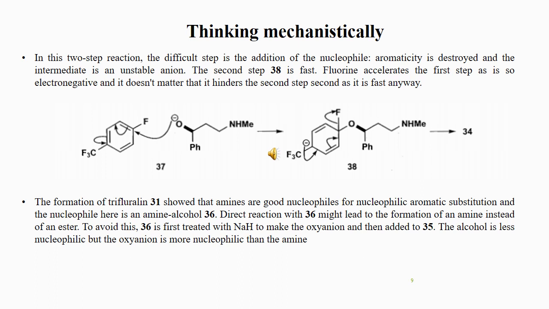And in the second step, 38, which is the replacement of the fluoro group, that is a bit fast. So fluorine accelerates the first step as it is so electronegative, and the intermediate is not that unstable. The second step, 38, is fast.